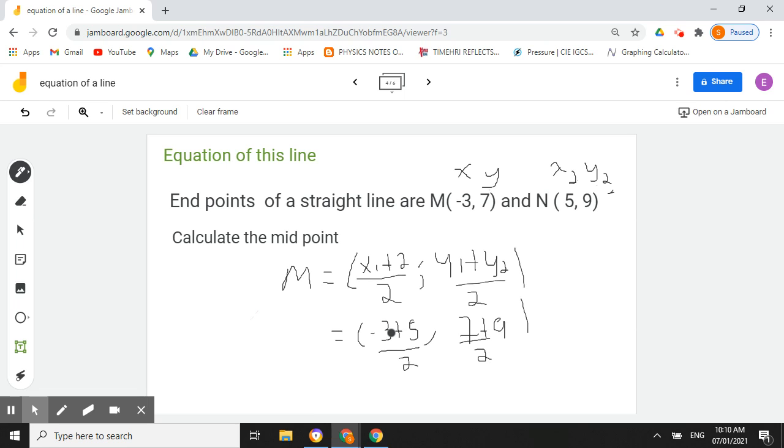Minus 3 plus 5 is positive 2, over 2. And 9 and 7 is 16 over 2. Once we do a final reduction, 2 divided by 2 is 1, and half of 16 is 8. So (1, 8) would be the halfway point for this particular line.